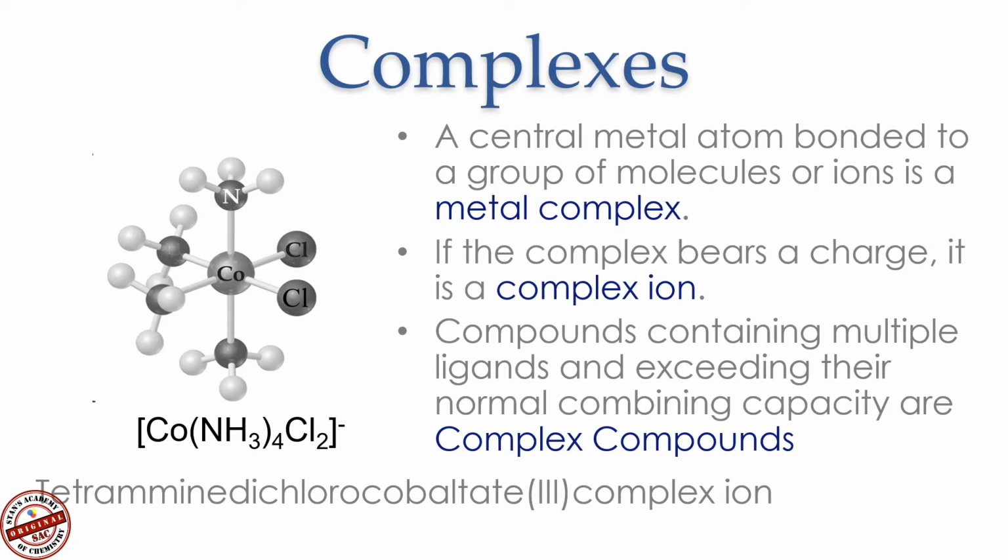But in this case, it not only combines with chlorine but also with ammonia, whereby it exceeds its normal combining capacity. In complex compounds, the ability of transition metals to form bonds that exceed the normal combining capacity is a normal factor. Those are the molecules we normally refer to as complex compounds.